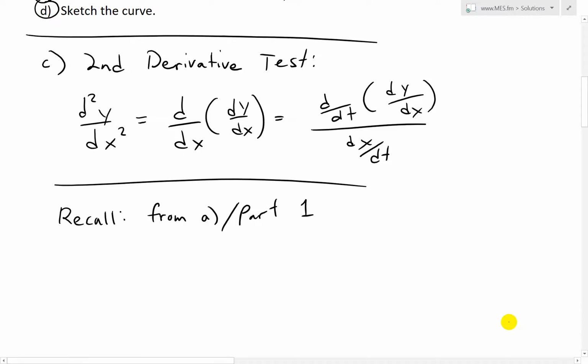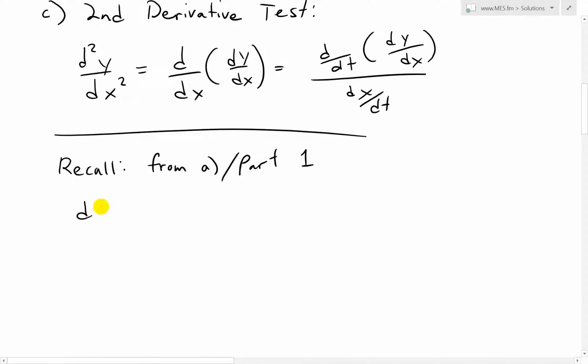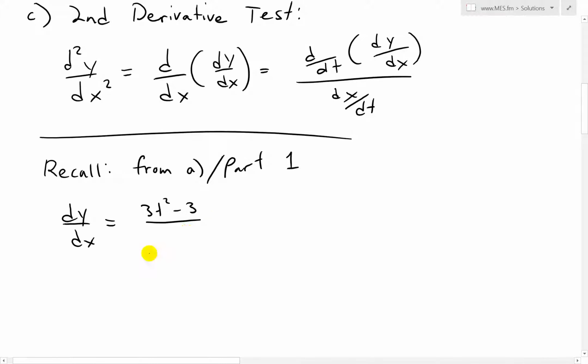So write that down. We have dy over dx, so we want to throw that inside this area here. This equals (3t squared minus 3) over 2t.